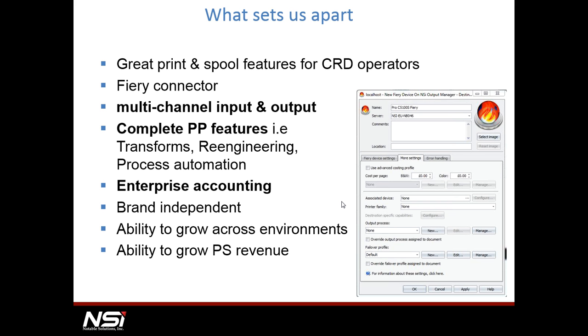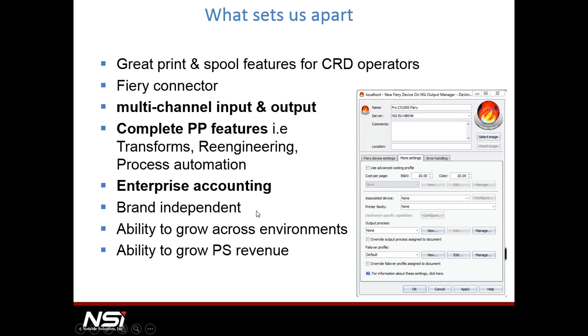So if the operator in Fiery changes the copy count from 1 to 1 million, then the accounting software doesn't tend to know at all what's happened. With Output Manager, this is very different. We have a proper Fiery connector. So anything somebody does on a Fiery controller, we know about, we can account for.